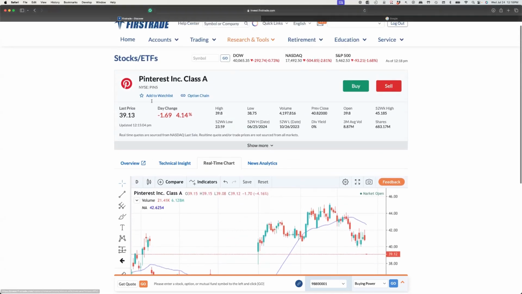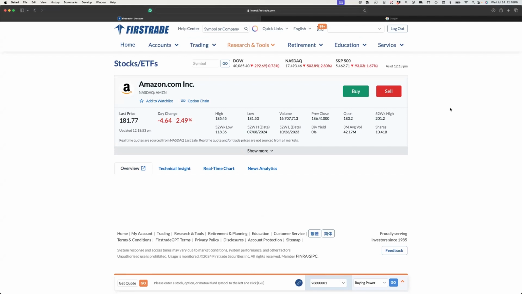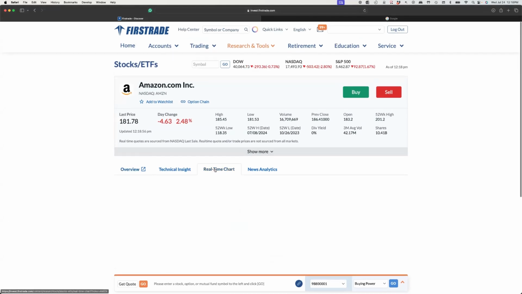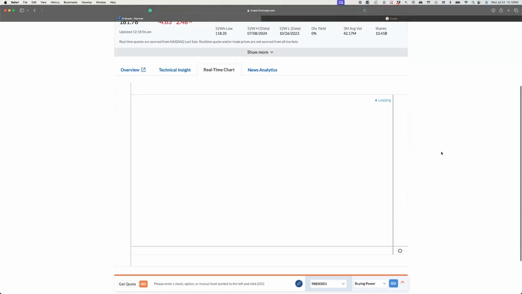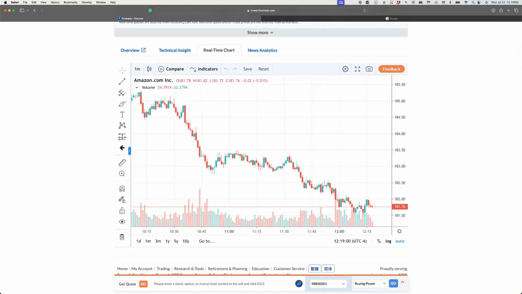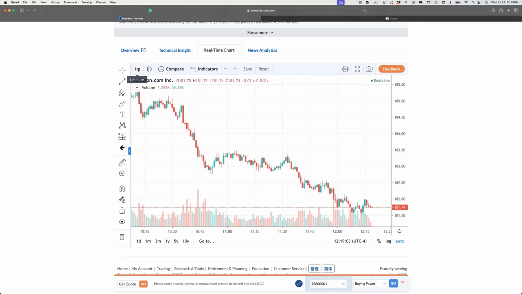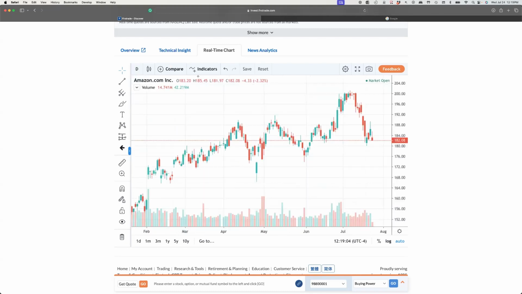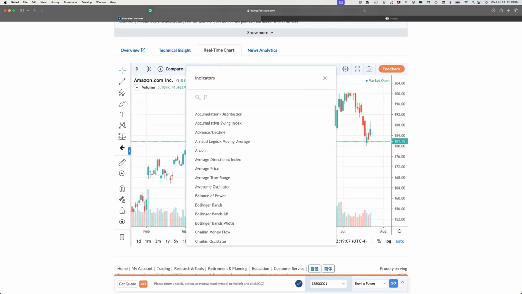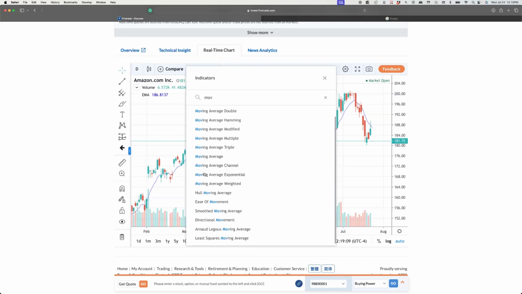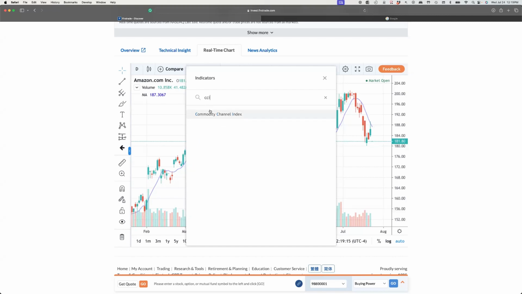So let me switch this to a different symbol. Let's look at Amazon, for example, and let's go back to that real-time chart. I should have saved my profile, but let me just add this back again. I want a moving average, and I want a CCI.